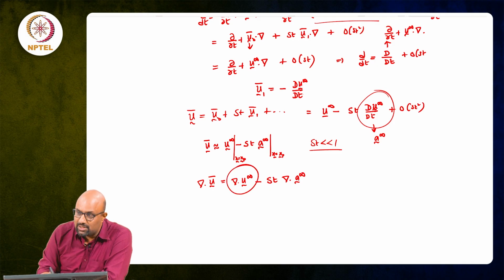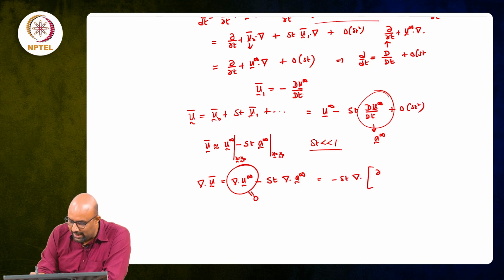Now, what is divergence of u infinity? It's 0, because the flow field is incompressible. Minus Stokes divergence of a infinity, I can write it as dou t of u infinity plus u infinity dot del u infinity.